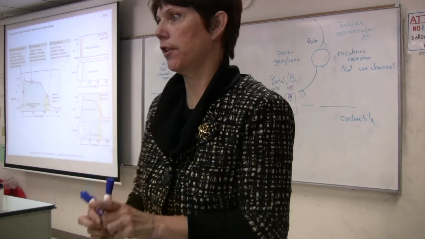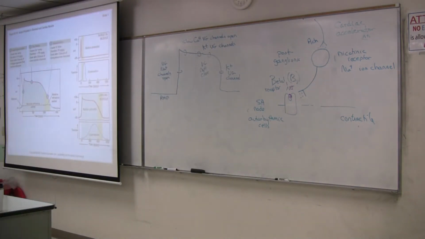Why do you think we changed this for cardiac muscle? Why do we add those slow calcium channels to prolong the action potential? Look up there at the second diagram for skeletal muscle where it shows contraction related to the action potential. With the short action potential, the relative refractory period is over pretty quickly.